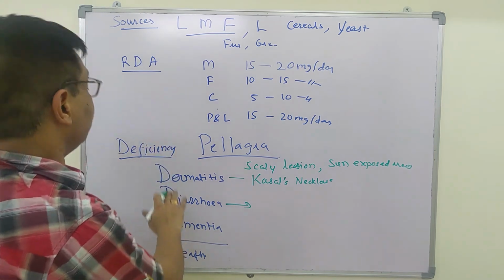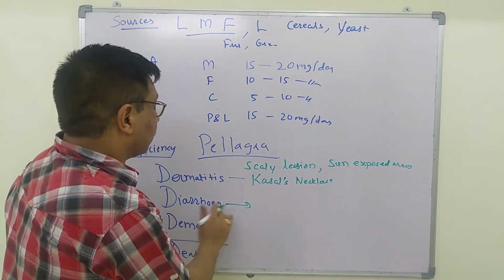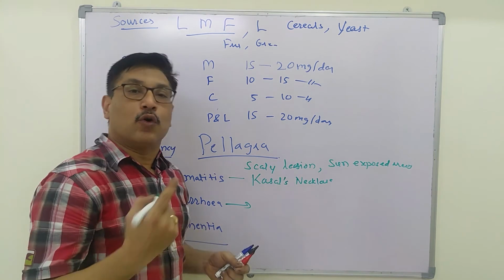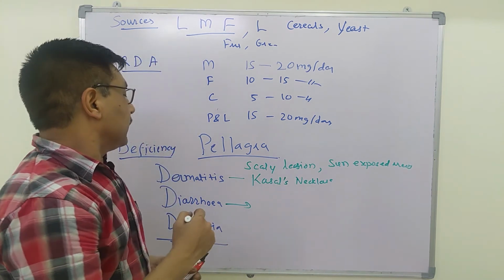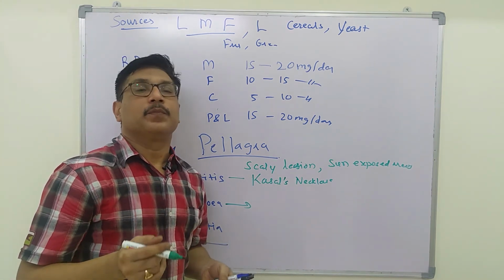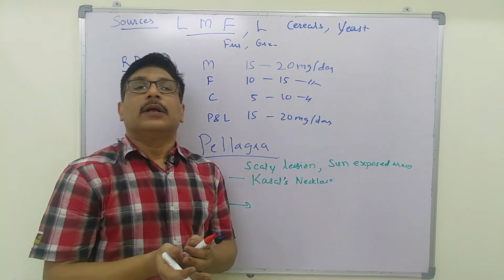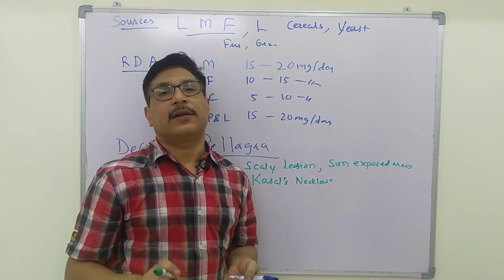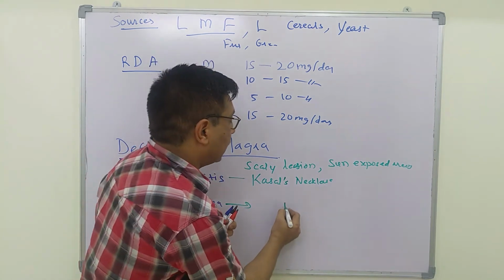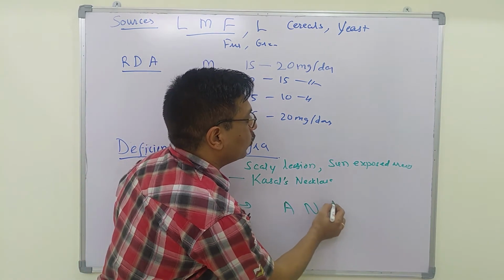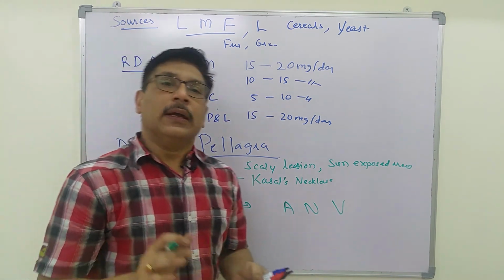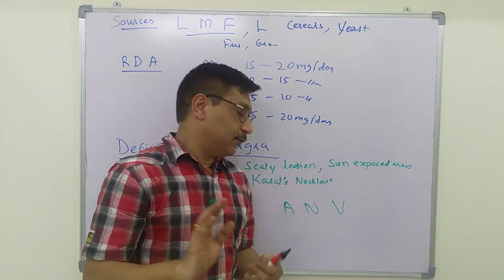Due to deficiency of niacin, there occurs inflammation of whole GI tract, thereby there is mucus and blood in the stool, and associated symptoms are seen as anorexia, nausea and vomiting. Weight loss is also seen in these patients.